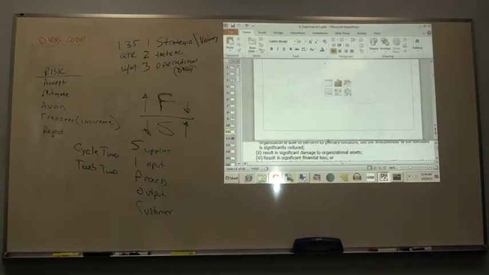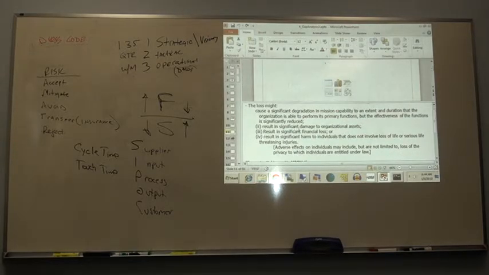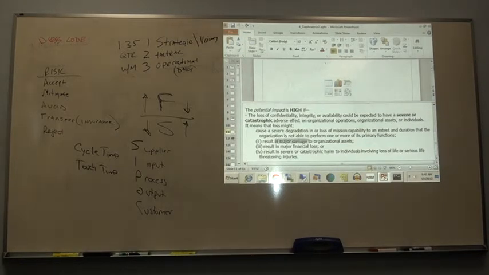All right, and then I have the details listed here. Potential impact is moderate if the loss might result in significant damage to organizational assets, significant financial loss, significant harm. And again, high is severe or catastrophic: major damage, major financial loss. So watch the difference in the words here.